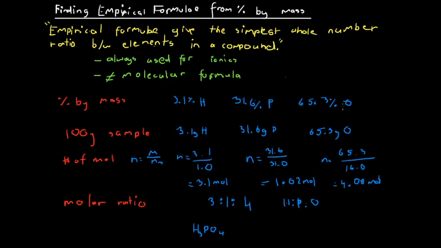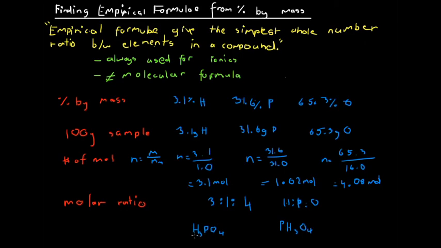Now, once we get to this step, we may have set our page a little bit different. We may have had the phosphorus column here, the hydrogen column here, and the oxygen column here. And so it might have come out as 1 to 3 to 4. That's perfectly fine, we could easily write the empirical formula as PH3O4, or any other permutation of these different elements. However, we were lucky enough to already have it in the right order that the formula of phosphoric acid is written in.